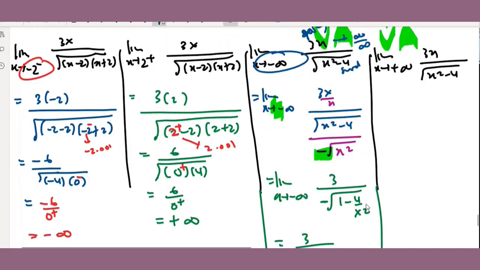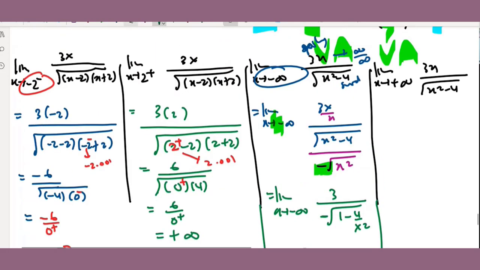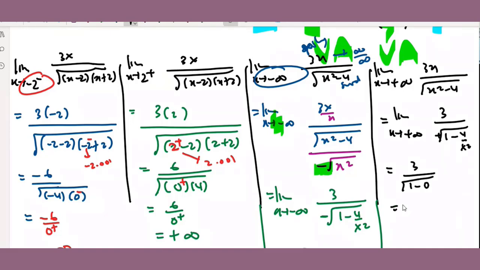For the limit as x tends to positive infinity, divide by x and by x squared, which is positive. Substituting gives 3 over 1 minus 0, which is 3.